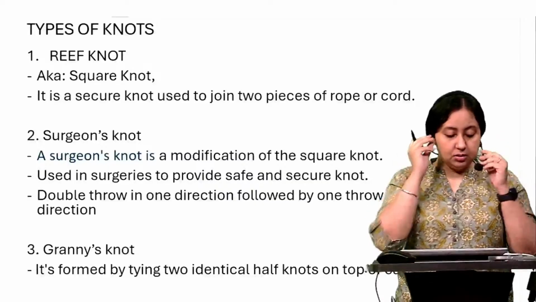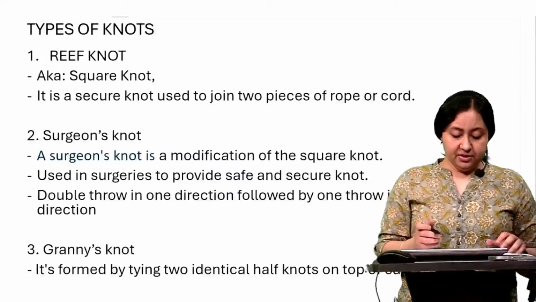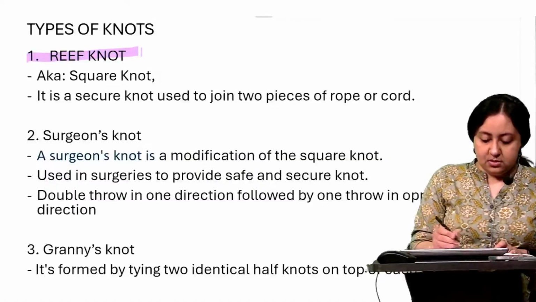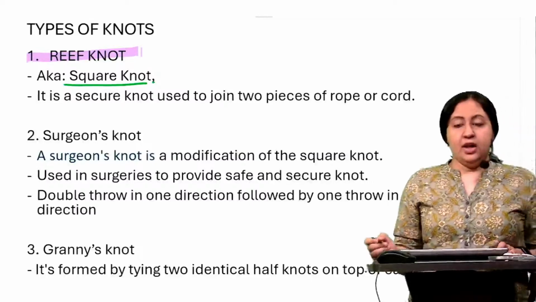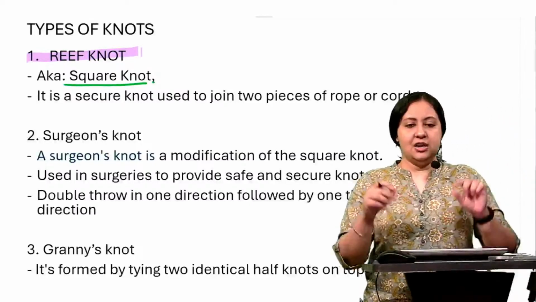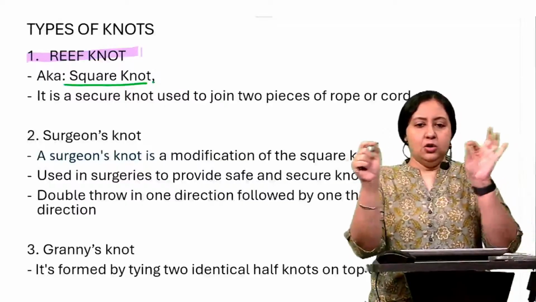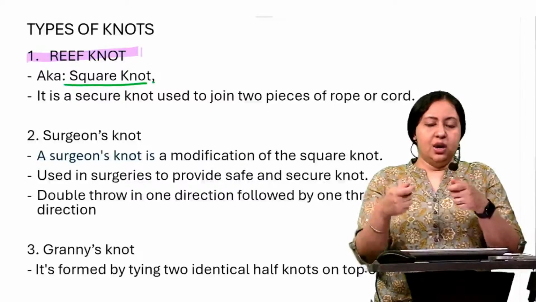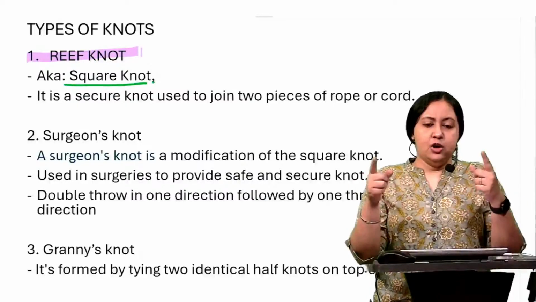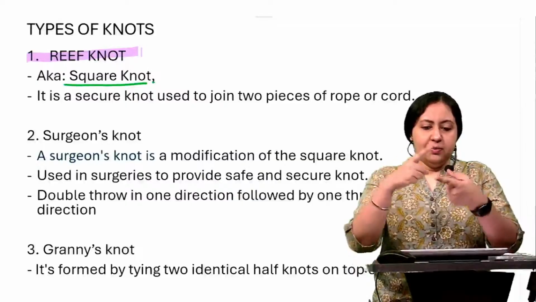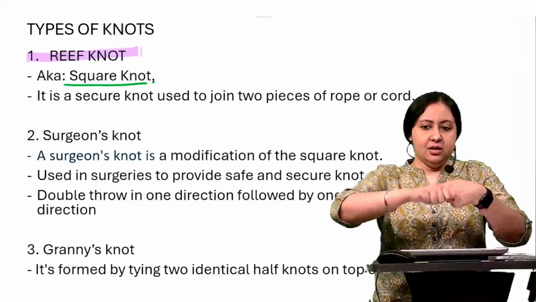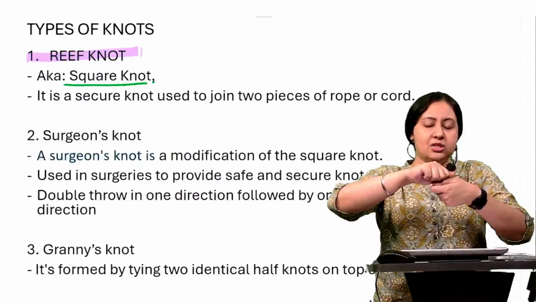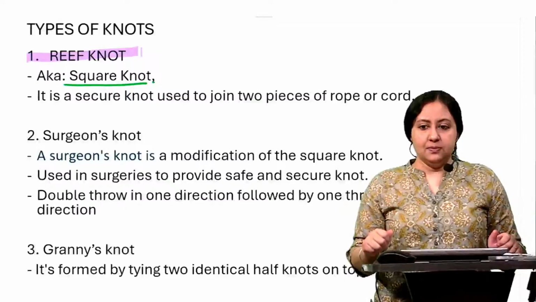Coming to the types of knots, the first one is the reef knot, also known as the square knot. Now what is a reef knot? Please understand, if you have two threads or two ropes and you have to tie their open ends together, you will make a cross and tie it once, and then again cross them over and tie it twice.